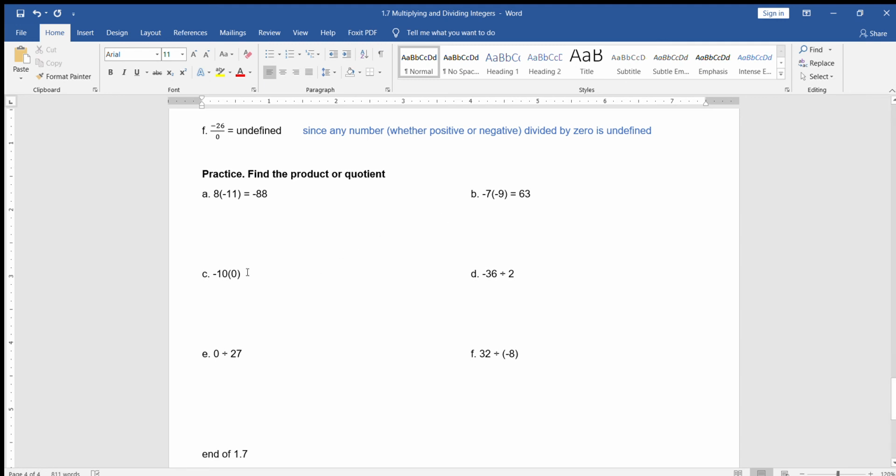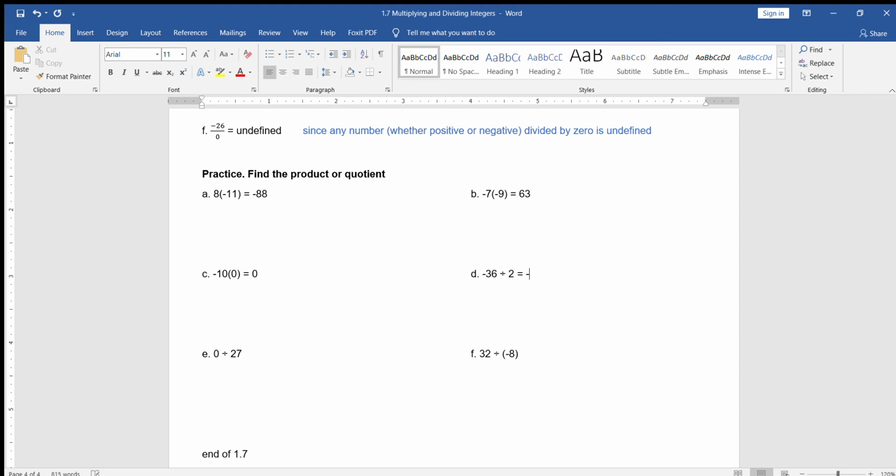Moving on. C, what is your answer? 0. If you put negative 0, I'll accept it, but 0 should be your answer. Now for D, negative 36 divided by 2, what is the sign of your answer going to be?